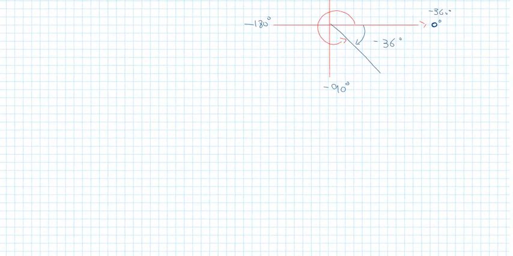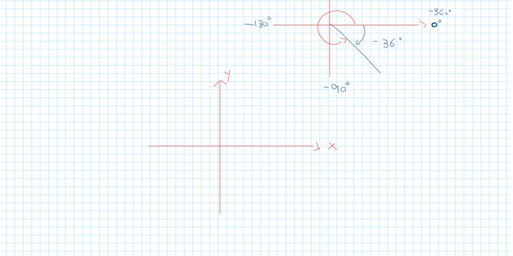Now, looking at my quadrants, so you have the X and you have the Y. In the first quadrant, describe the values of X and the values of Y for me. Are they positive or are they negative? In the first quadrant, both are positive.